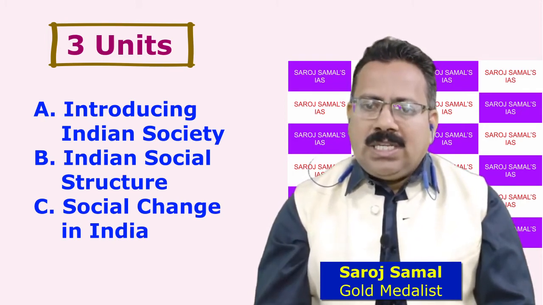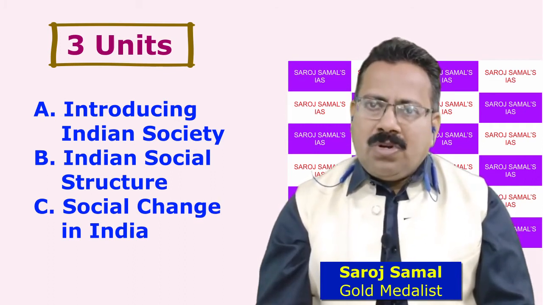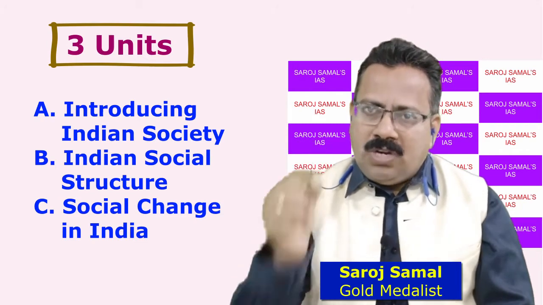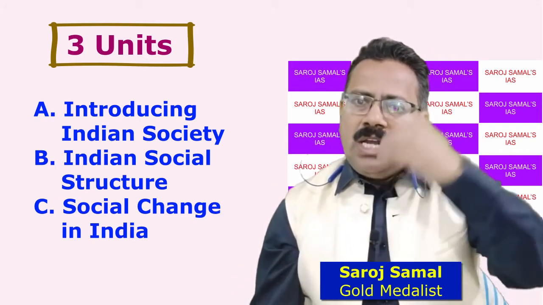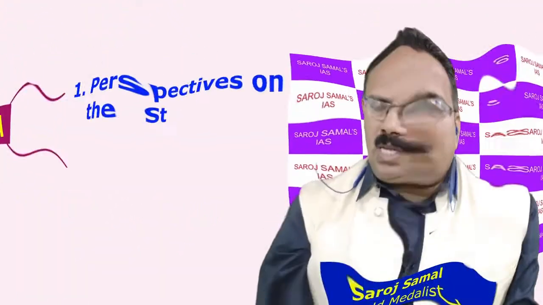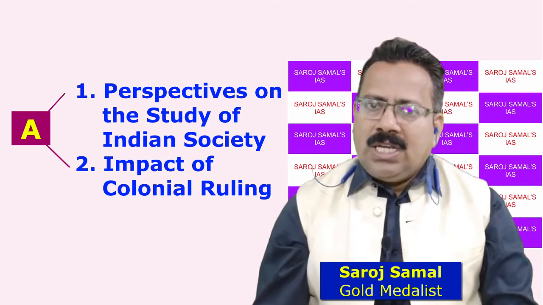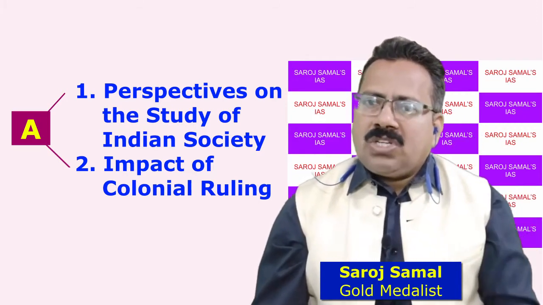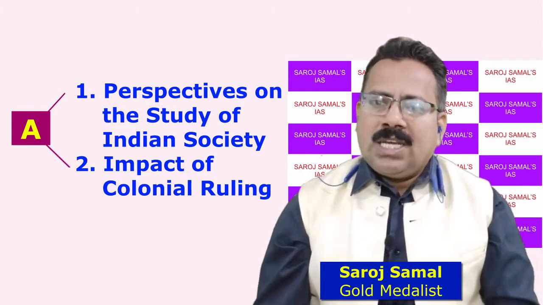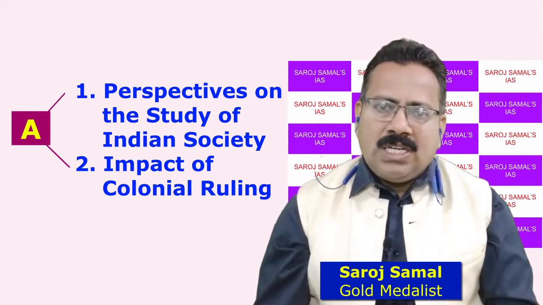Third unit is social change in India. Each unit has been divided into many sub-units. For example, the first unit, introducing Indian society, is divided into 2 sub-units: perspective on the study of Indian society, and the impact of colonial rule on Indian society.